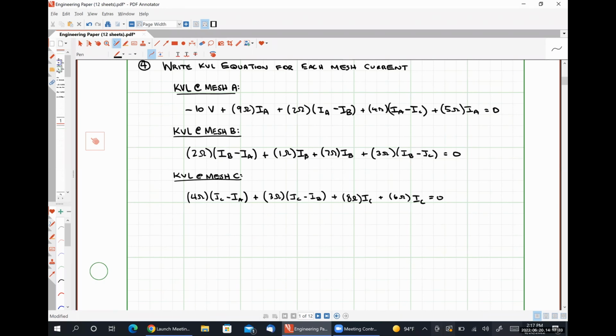So we have 3 equations, 3 unknowns, and we can then plug this system of equations into our calculator and solve for our various mesh currents. So let's just write step 5 as solve our system of equations.